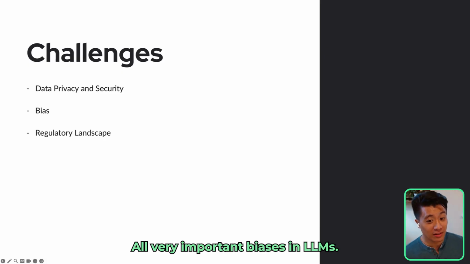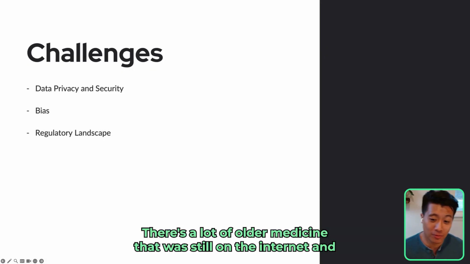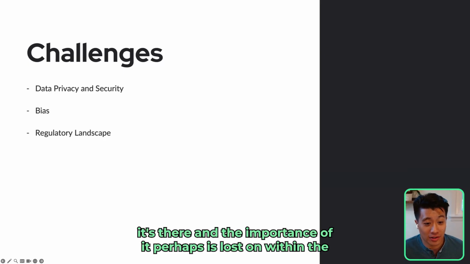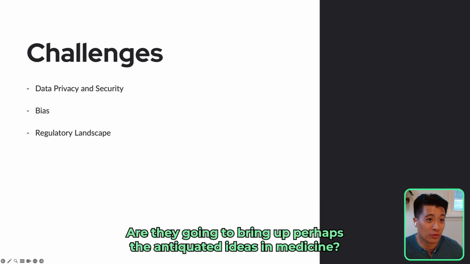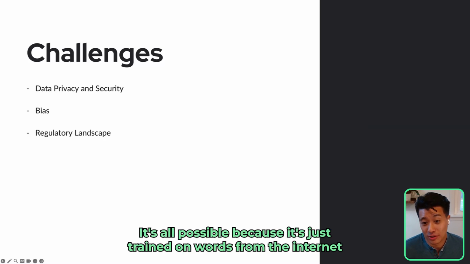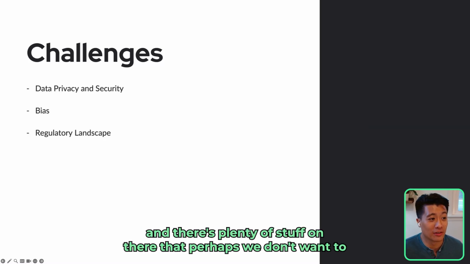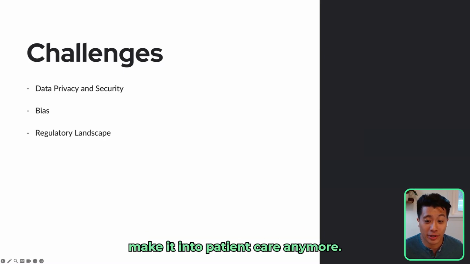Biases in LLMs. There's a lot of older medicine that was still on the internet and it's there, and the importance of it perhaps is lost within the training of large language models. Are they going to bring up perhaps antiquated ideas in medicine? It's all possible because it's just trained on words from the internet. And there's plenty of stuff on there that perhaps we don't want to make it into patient care anymore.